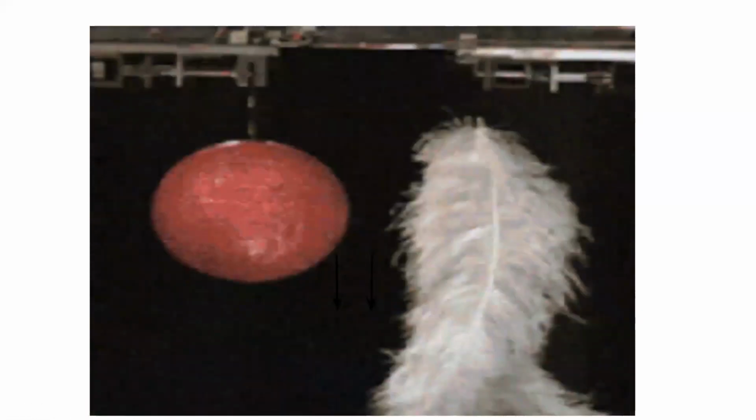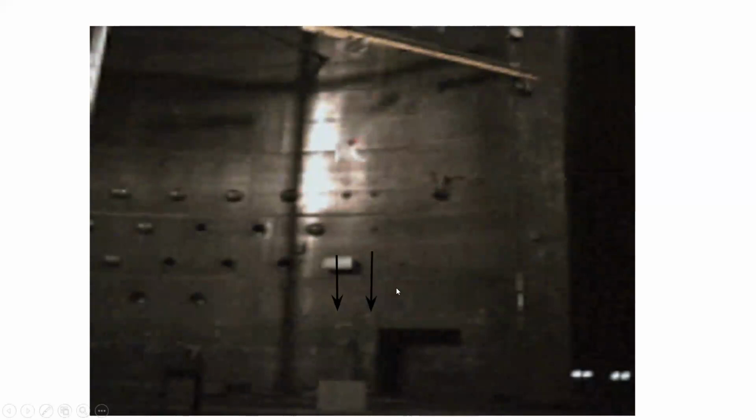And what is the reason for that? Because the acceleration of the ball is the same as the acceleration of the feather. So they will take the same time to hit the surface. Is it clear, this concept of acceleration of a free fall?